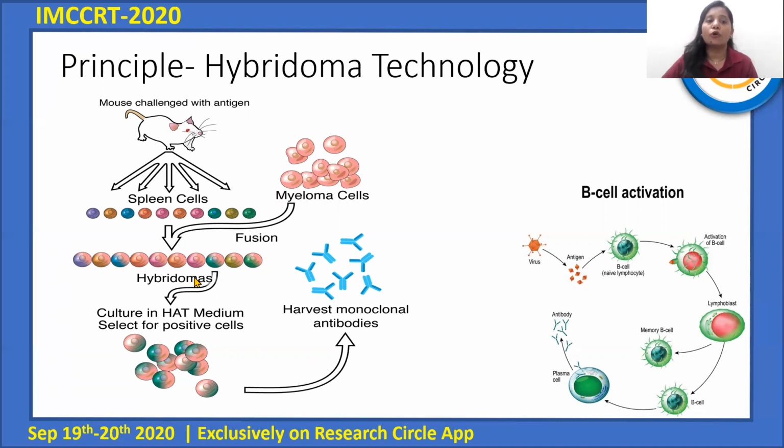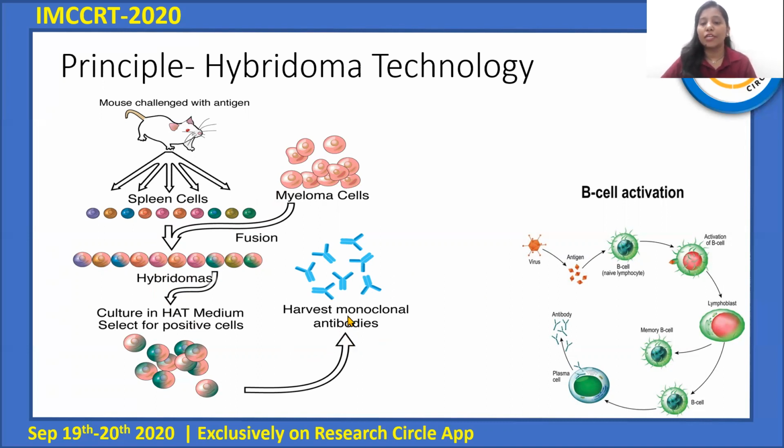So to separate out the complete hybridoma cells, they are now cultured in HAT medium, which contains hypoxanthine, aminopterin, and thymidine. Once this treatment has happened, the hybridomas are separated and harvested.